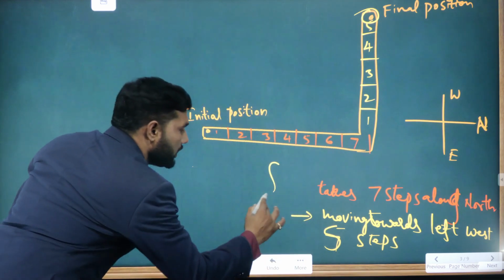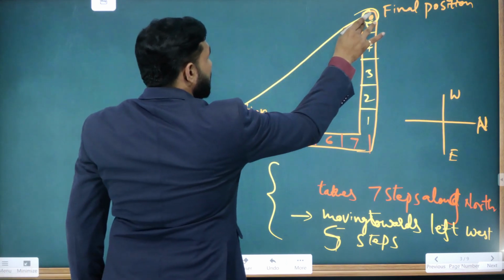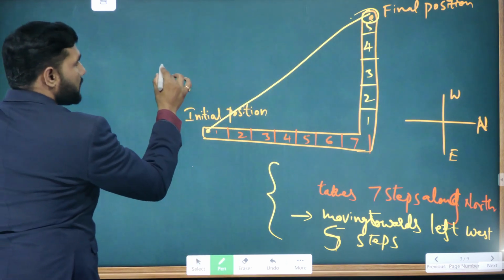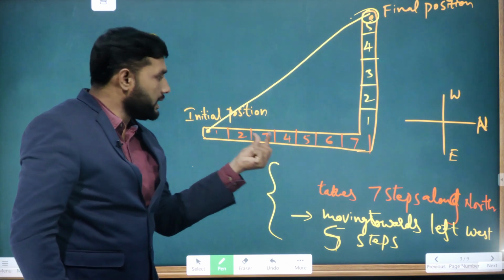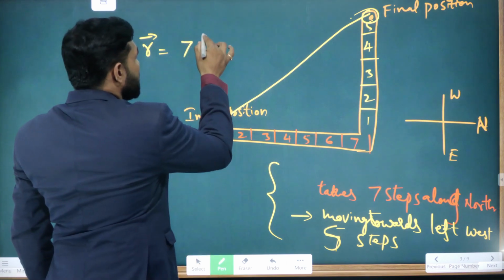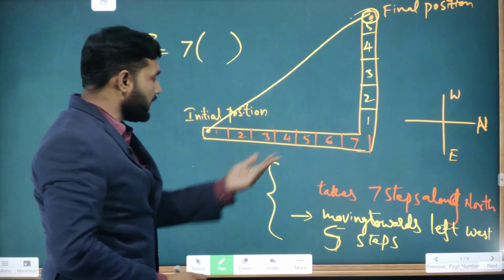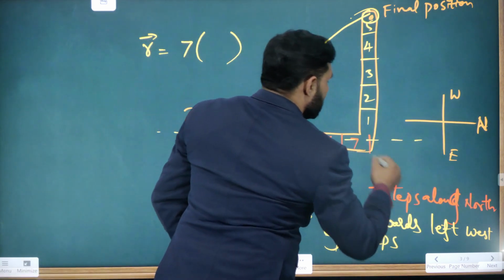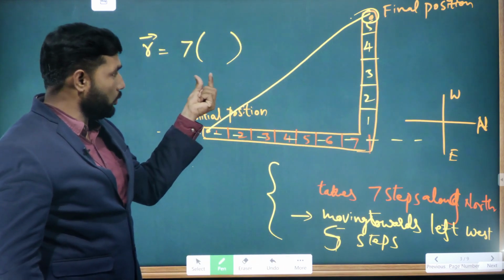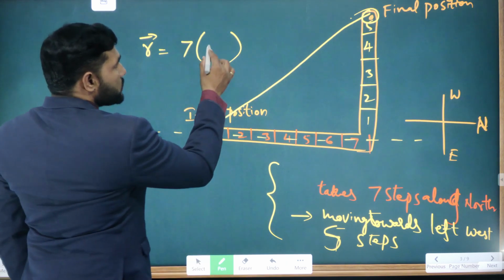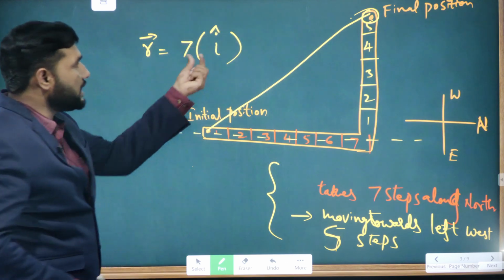So altogether, if I want to represent the position vector from the initial to the final position, I will represent it as position vector r. He is moving along the north direction by 7 steps. If I correlate with the coordinate axes, he moves 7 steps along the x-axis.